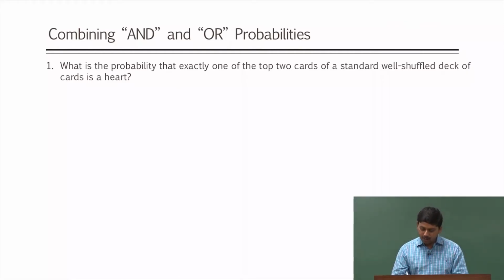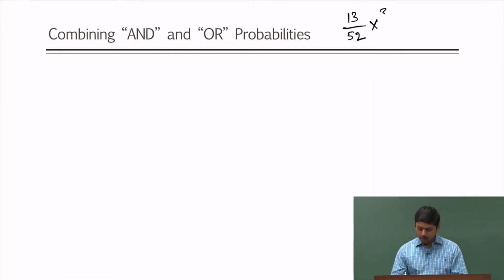My first card can be a heart in 13 by 52 ways, and the second card should not be a heart. How many cards are not hearts? 39. So, 39 by 51 is one way of getting it. I have to use the addition rule.